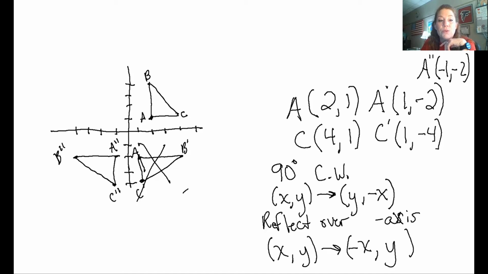So you can look at the rules and go, well, I started here and then I ended up at these coordinates. Which rules are going to get me from this coordinate to this coordinate? And if you look at the rules, hopefully that'll help you realize that first this figure had to be rotated 90 degrees clockwise, and then it had to be reflected over the y-axis.